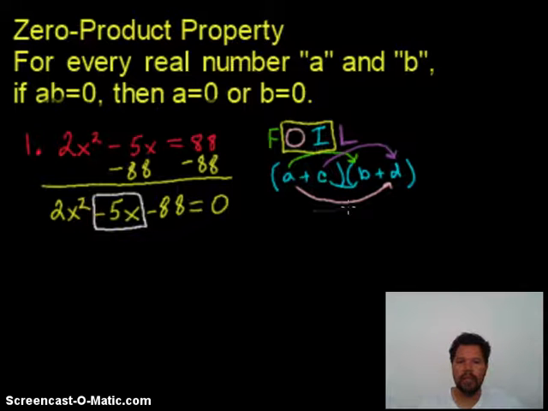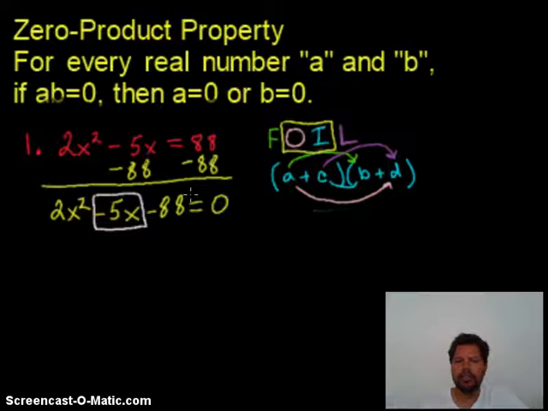So whatever we multiplied for the outer and multiplied for the inner, they combine to form this middle term right here. So the technique or the strategy is we got to come up with all the different factors of negative 88 and all the different factors of 2 that combine together that will give us this minus 5.